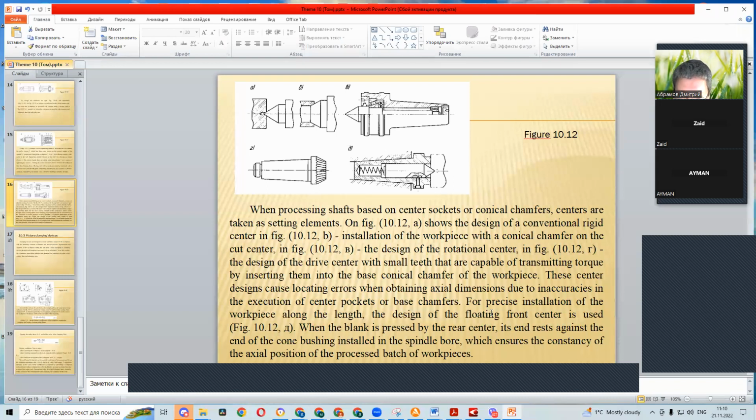When the blank is pressed by the rear center, its end rests against the end of the cone bushing installed in the spindle bore, which ensures the constancy of the axial position of the processing batch of workpieces.